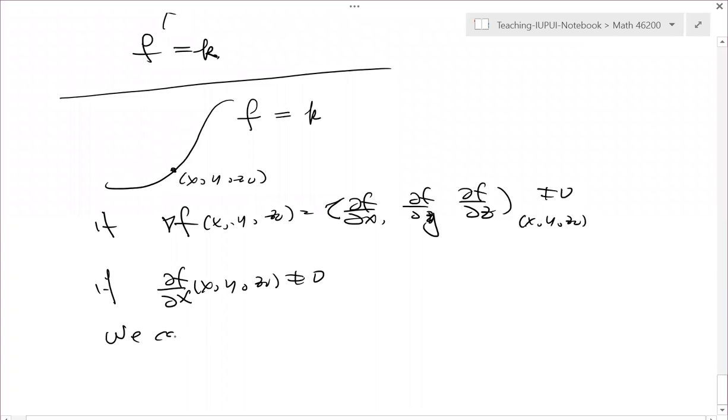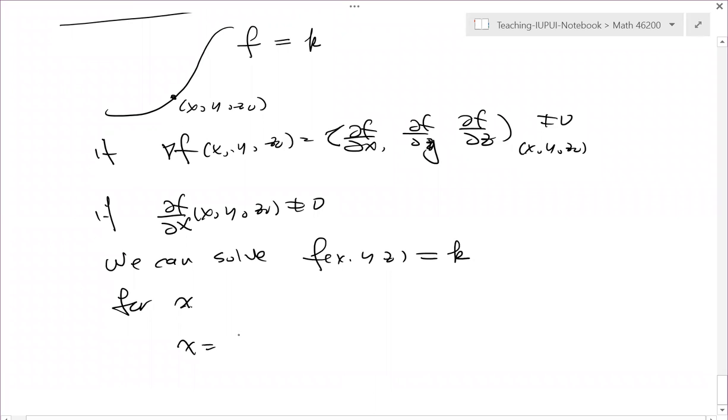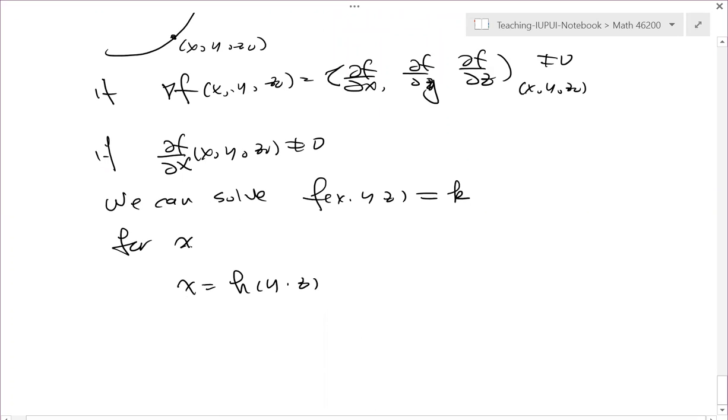So when we can solve this equation for x, locally x is a function of y, z, so x is h of y, z, for y, z close to that point, and you can get a solution.